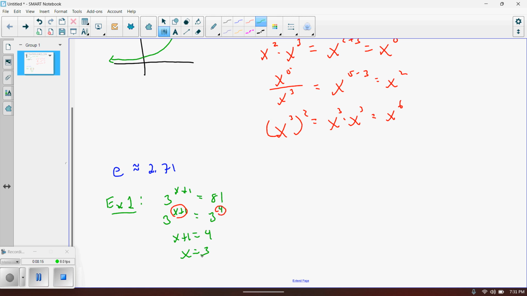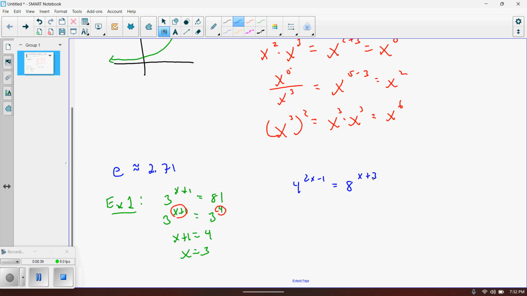All right, let's try one that looks a little bit different. Let's say that we have 4 to the 2x minus 1 equals 8 to the x plus 3. Well, the problem with this is you can't make 8 a base of 4. It doesn't work.